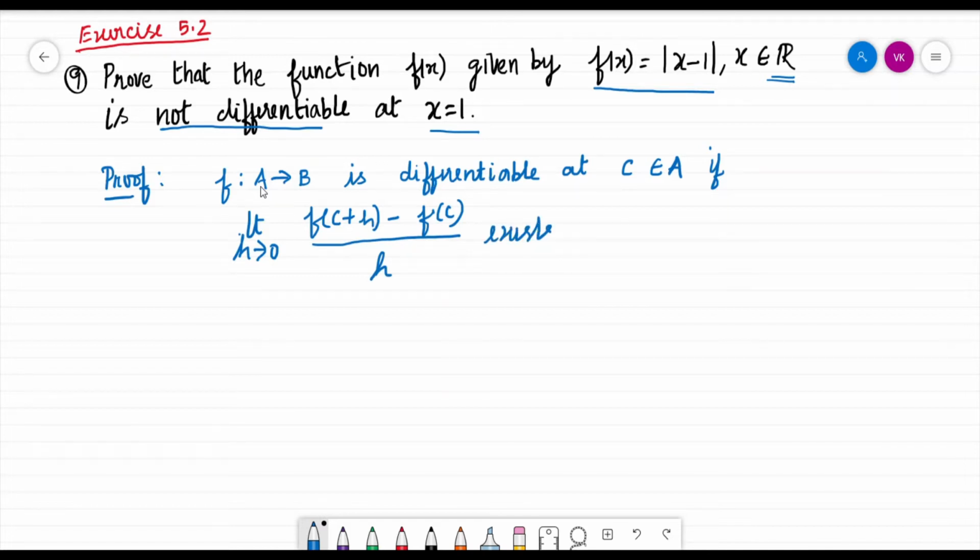If this limit exists, then we say f is differentiable at c. If the limit does not exist, then f is not differentiable.